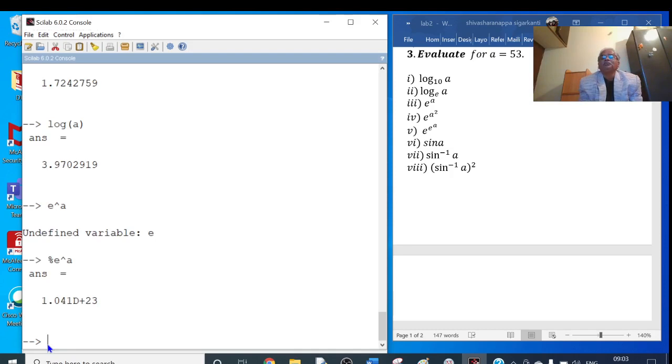Next, e to the power of a square. Again I have to write %e to the power of a, cap 2. E to the power of a square.